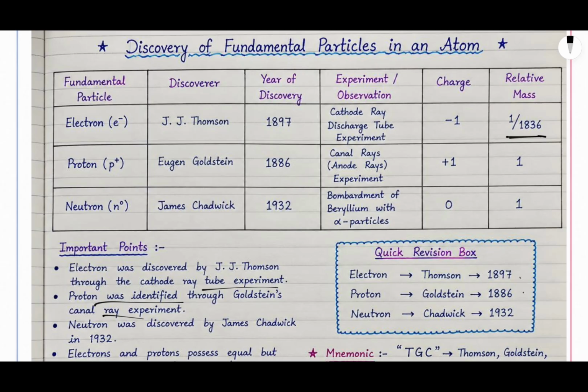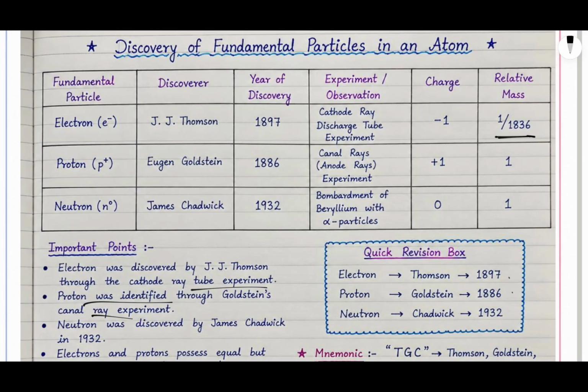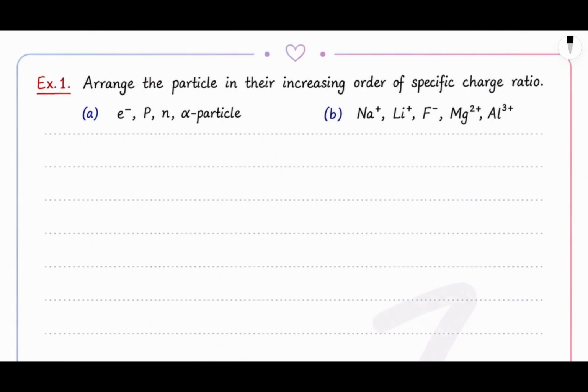Now let us see a question regarding these subatomic particles. Arrange the particles in their increasing order of specific charge ratio. This type of question you can see very frequently in entrance examinations. Let us see the first one: electron, proton, neutron, alpha particle.